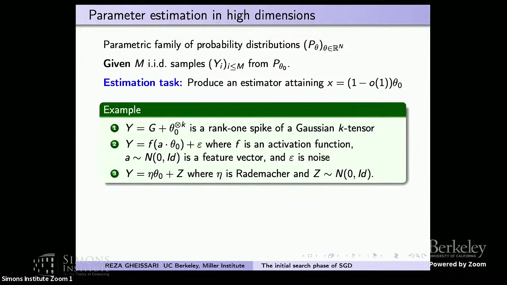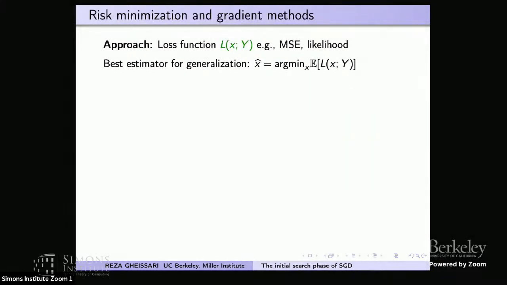And what we're aiming to understand is, let's say, algorithmic thresholds using some kind of first order method. So a general approach to these kinds of problems is to have some kind of a loss function, let's say a mean squared error or a log likelihood or something. And the best estimator given such a loss function for generalization, for instance, is to take the minimizer of the expectation of the loss, where the expectation is over the y.